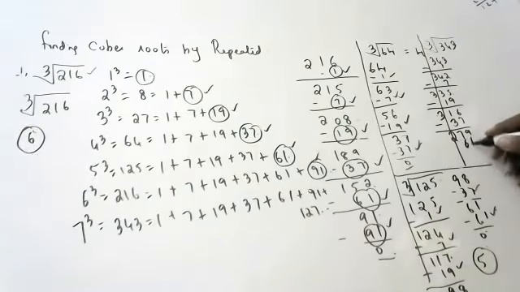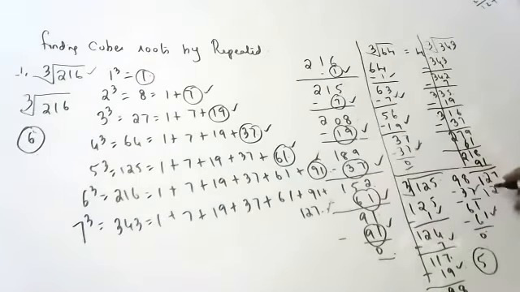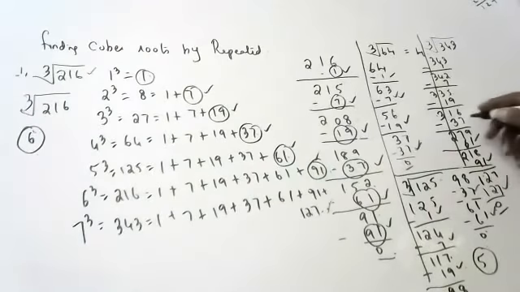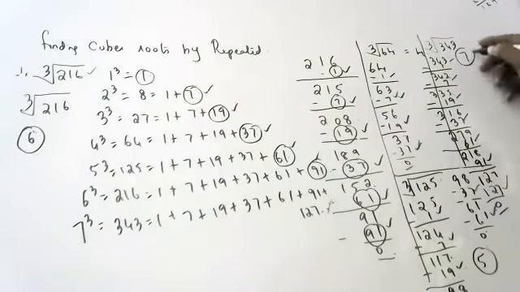Minus 61 is 218. Minus 91 is 127. 127 minus 127 is 0. So 1, 2, 3, 4, 5, 6, 7. The answer is 7.